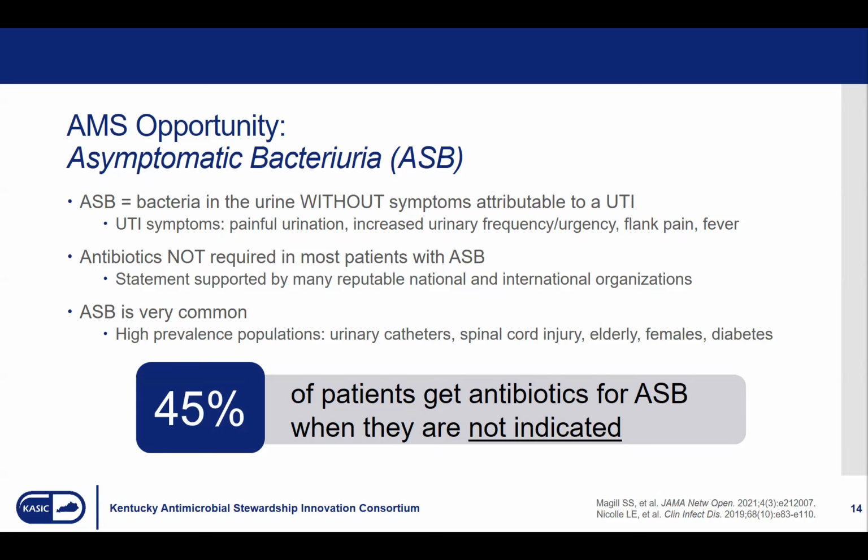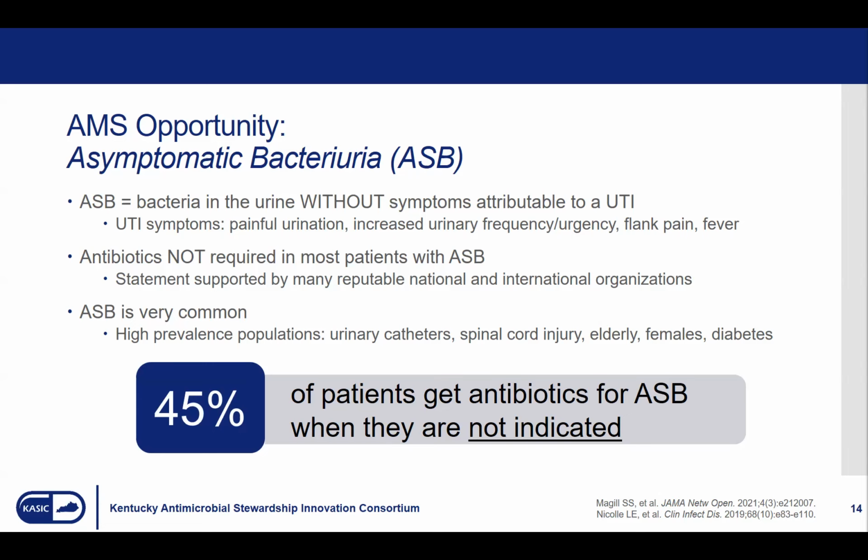This statement has been supported by many national and international organizations stating that there's no benefit to treating patients with ASB. Now, it's worth noting that ASB is very common, and there are certain populations at much higher risk of just having bacteria in their urine. Patients with urinary catheters, almost 100% of the time, will be colonized with something in that catheter.